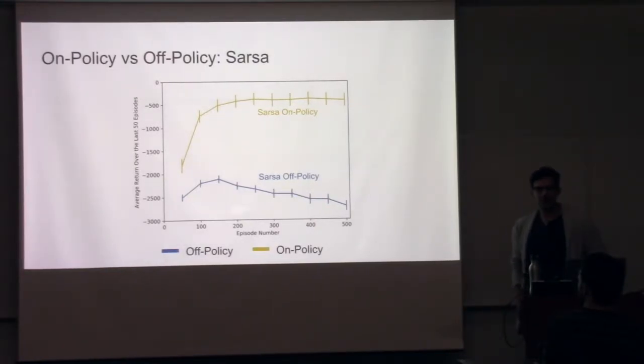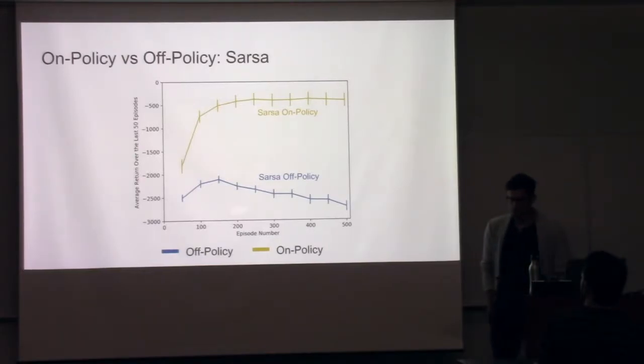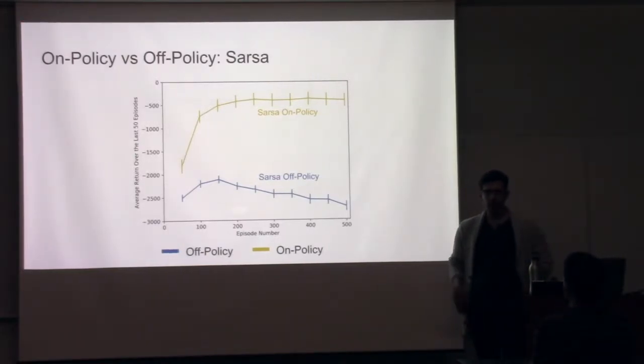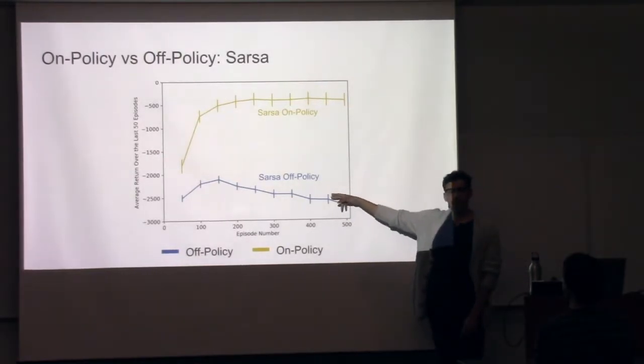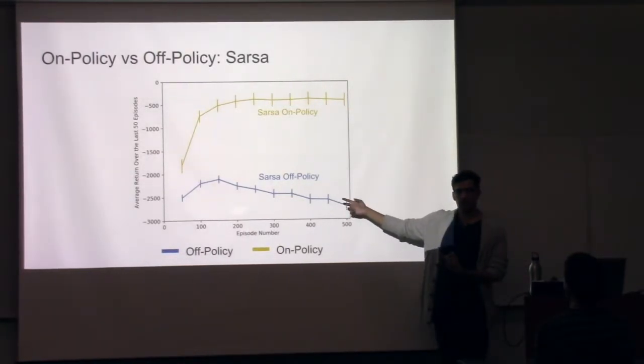Yes? Sorry, can you be more specific about the difference between on-policy and off-policy for Sarsa? Yeah, so we can adapt Q sigma to use importance sampling in order to account for the difference in the policies, right? So off policy means that we're going to use that importance sampling ratio in order to account for that difference.